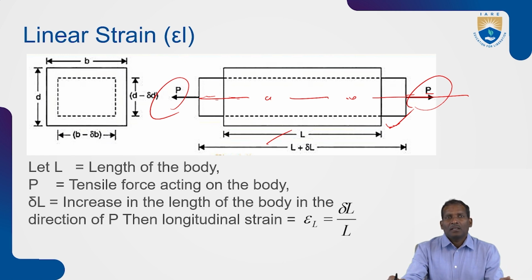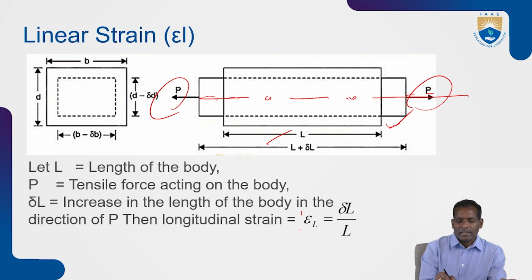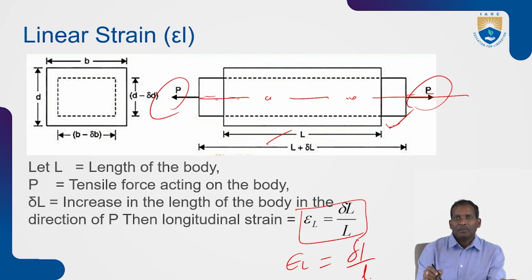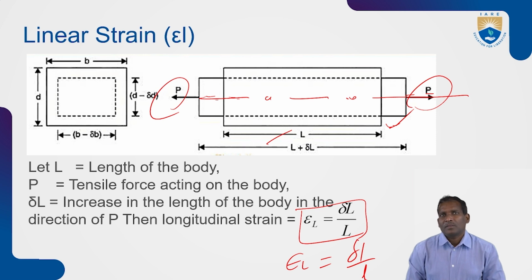Then the longitudinal strain: delta L is the change in length, and epsilon L, that is the strain, is equal to delta L by L. So it is the change in the body's length over the original length.